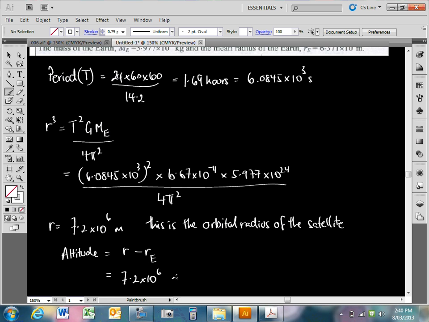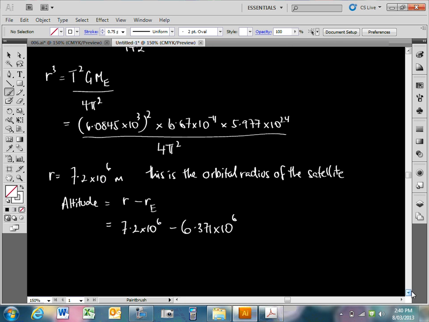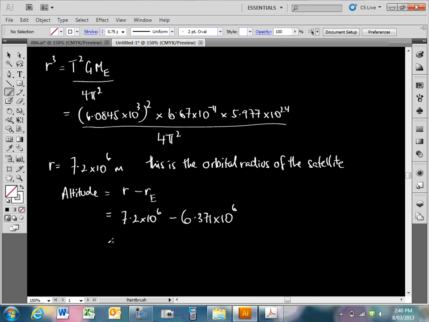And this is the discrepancy we were wondering about before. I think it comes out in the book, it says 6.371 by 10 to the 6. Can somebody explain how we had a radius of the Earth earlier? It was 6.378 by 10 to the 6. What's going on there? No, it's not a perfect sphere. Why is that? How do we know that?